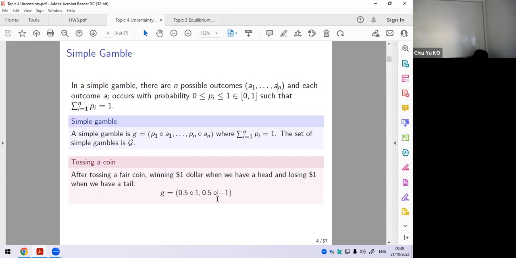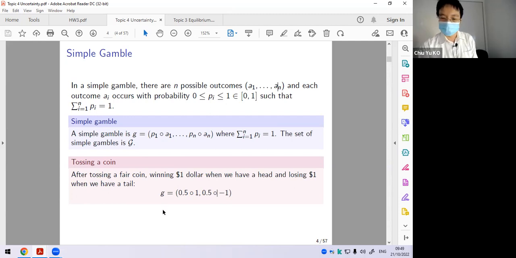I actually have some assumption here. When I write this, you do notice that I only write down the outcomes in terms of the net outcome. If I have to be careful, depending on what I care about, I may have to think about this differently.